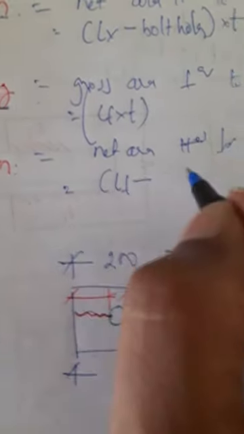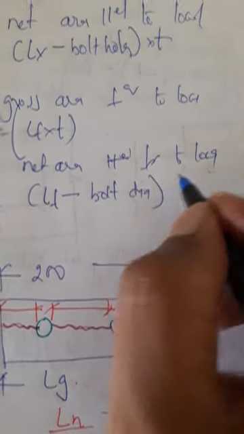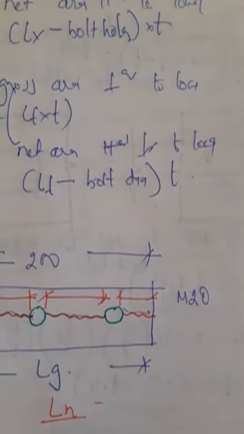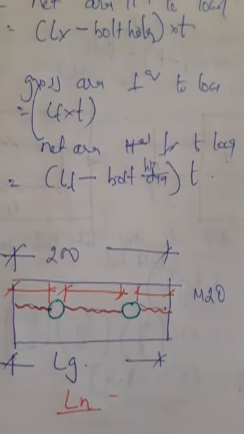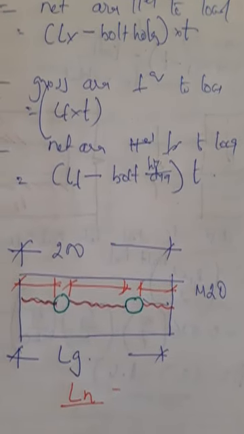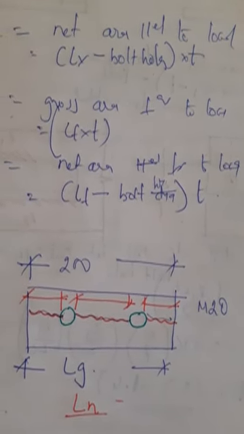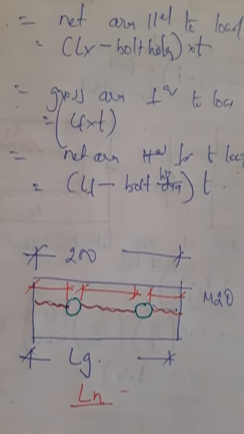So ATN is LT minus bolt hole dia, into thickness T. So this is how you calculate all the terms and find out the strengths. Whichever is the least, that will be the strength of the tension member. Thank you.